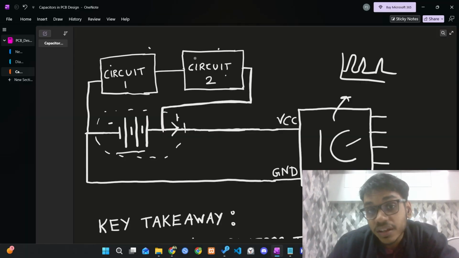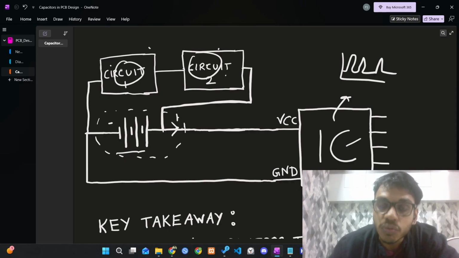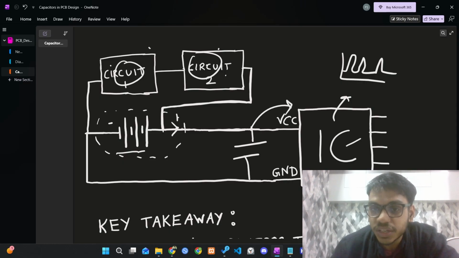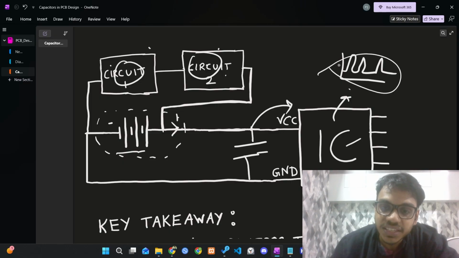And we know that each component or each IC has some standard voltages that they can operate on. If this voltage drops below that threshold voltage, then circuit 1 and circuit 2 might not operate as they should. So adding a decoupling capacitor right next to the IC pin helps in containing this noise produced by the IC as well as providing the instant current required by this IC.